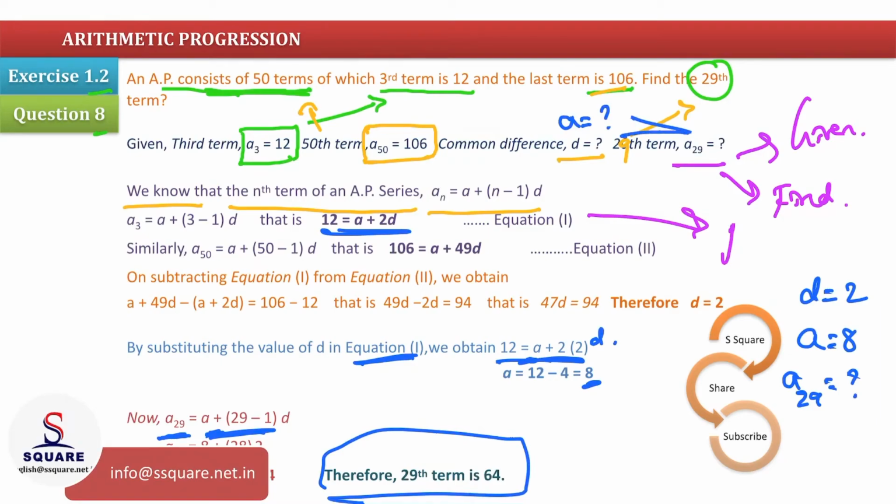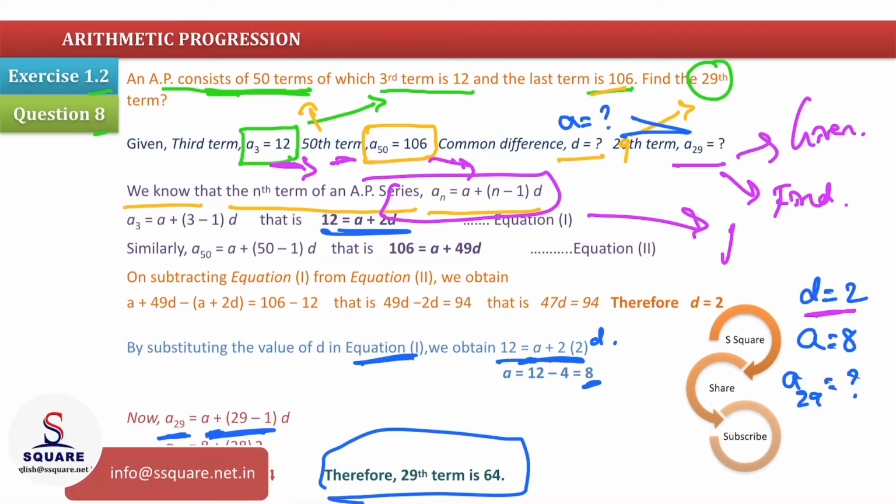Since we don't know a and d, we put two equations. By putting these values in the formula we get one equation, and by putting the other we get one more equation. This equation minus this equation gives the d value, so we find d by doing equation 2 minus equation 1.